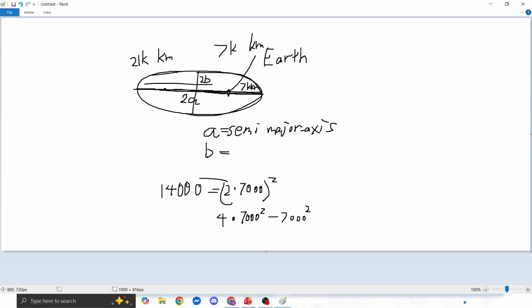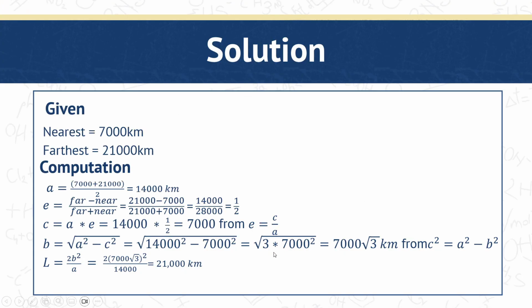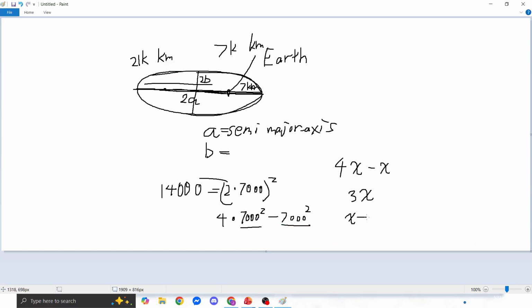I can just think of it like 7,000 squared is 7,000 squared. It's the same thing. If I would replace it with x, it's going to be like 4x minus x. So it's just going to be like 3x, and that's what happened here. 3 times 7,000 squared, where x is 7,000 squared.